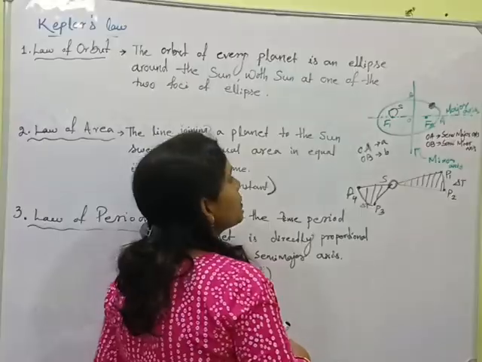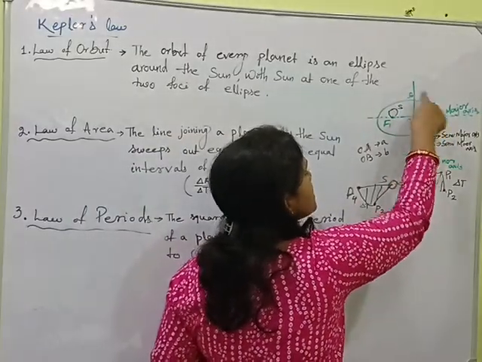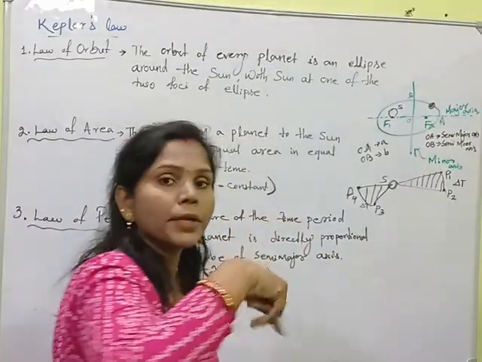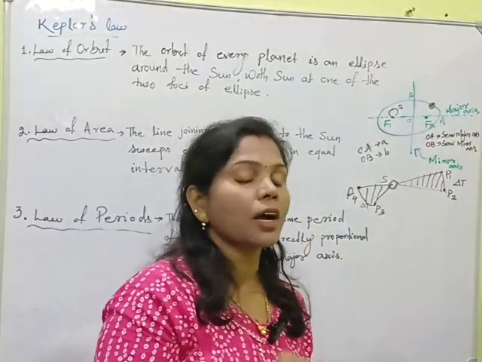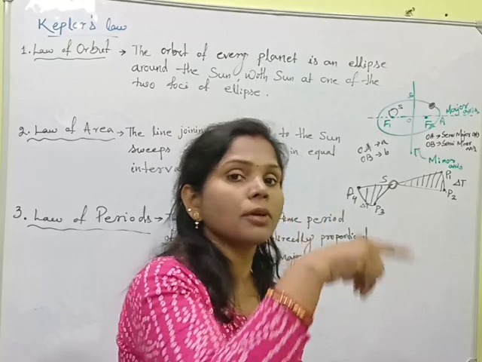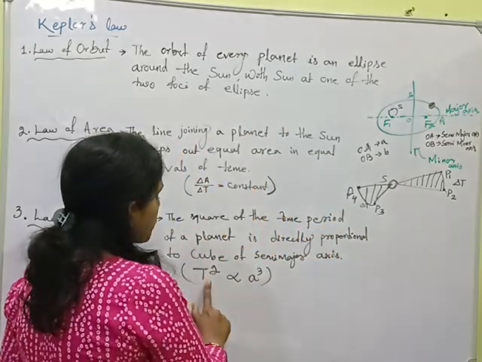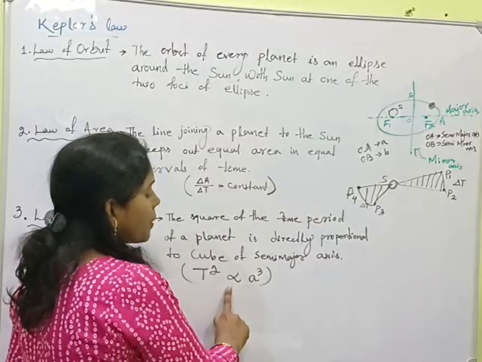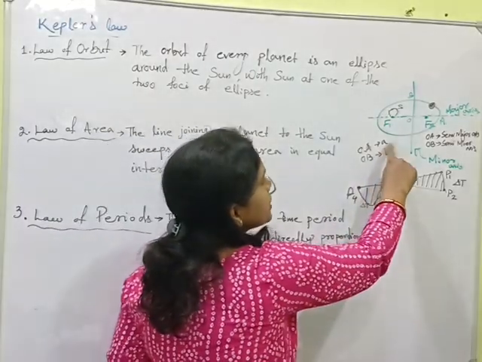So, what is the time period? It is the time the planet requires to move once around the Sun, or the time required to complete the full orbit. The square of this time period is proportional to the cube of the semi-major axis.